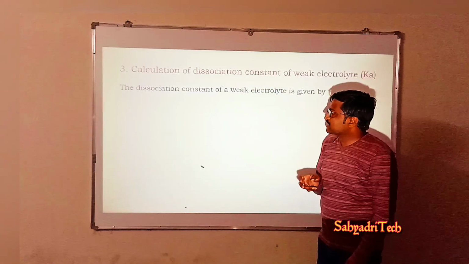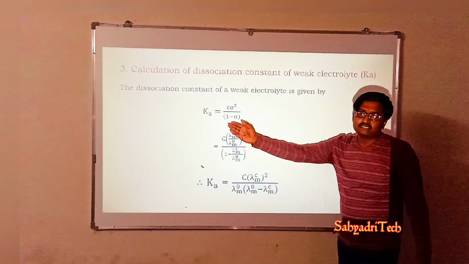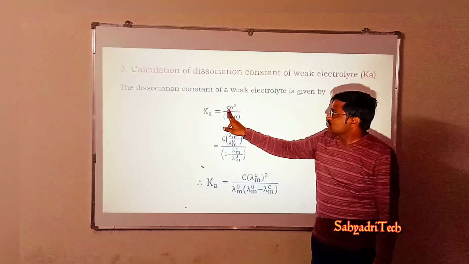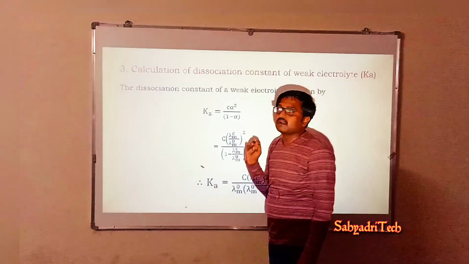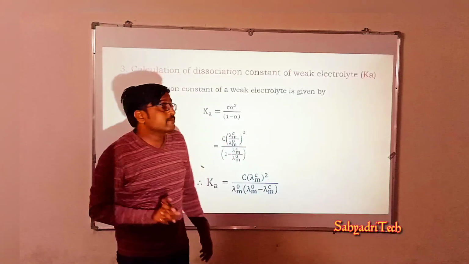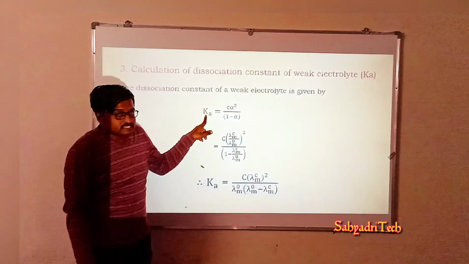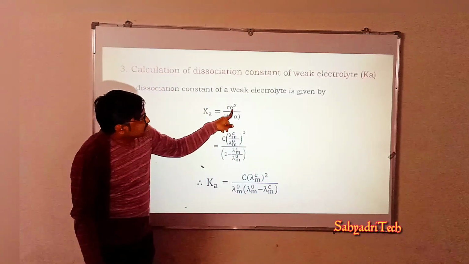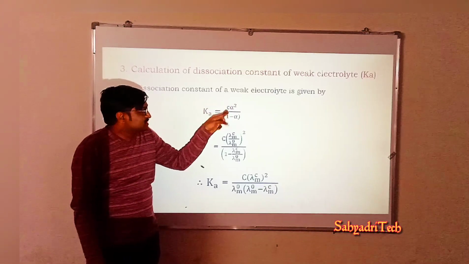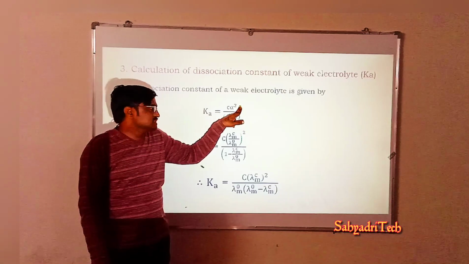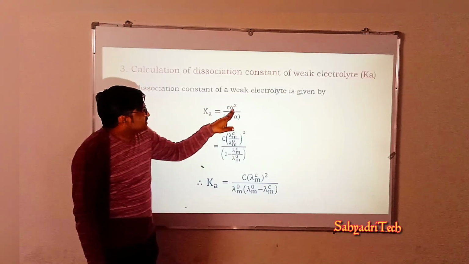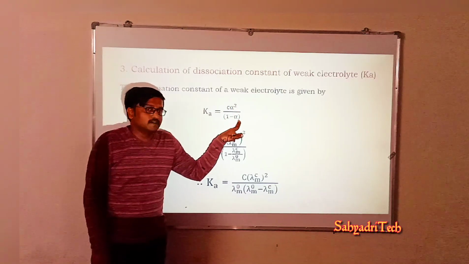What is the mathematical form? Ka is equal to C into alpha square divided by 1 minus alpha. This is the formula to be remembered. In some cases we say alpha square into C; nothing differs, both mean the same.